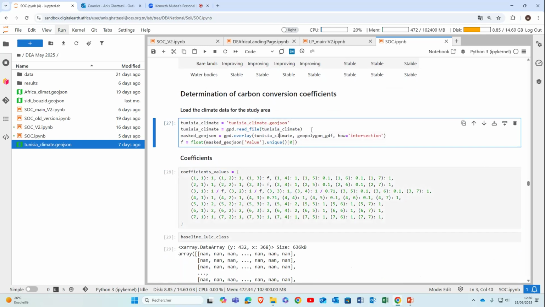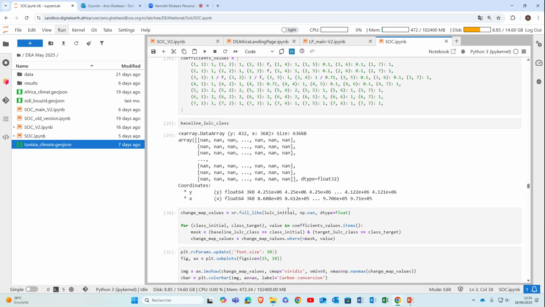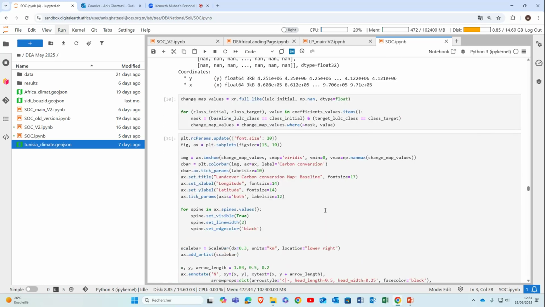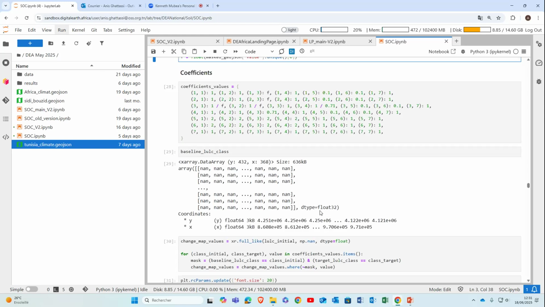So to do this, we uploaded the JSON file relevant to the climate region distribution at the same area. Then we extracted the coefficient which is relevant to the carbon conversion. We extracted this from this data, and then we multiplied it.